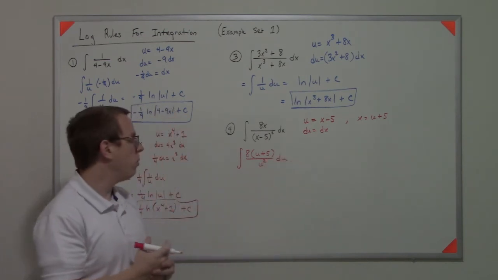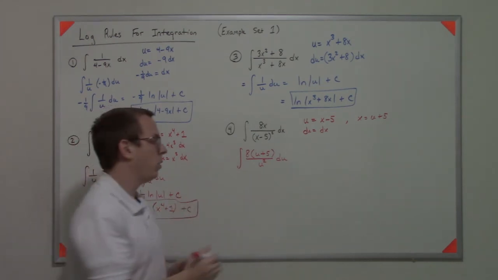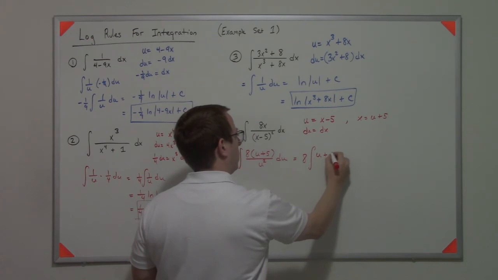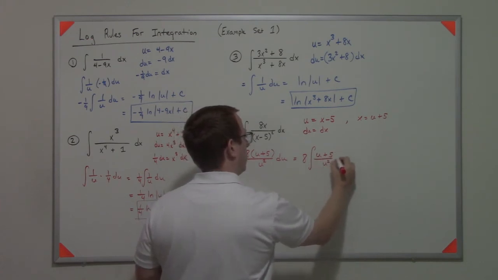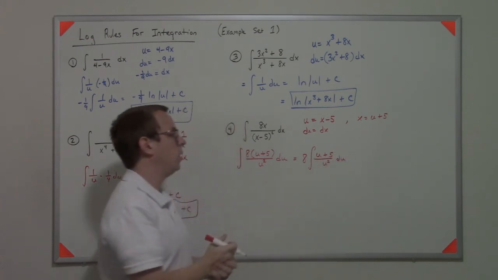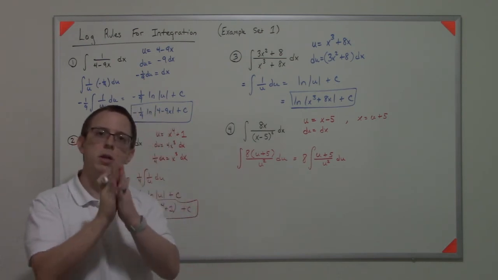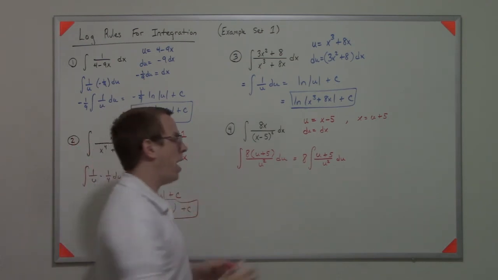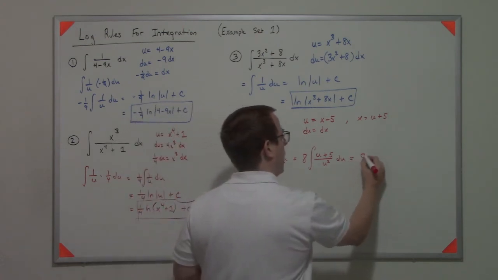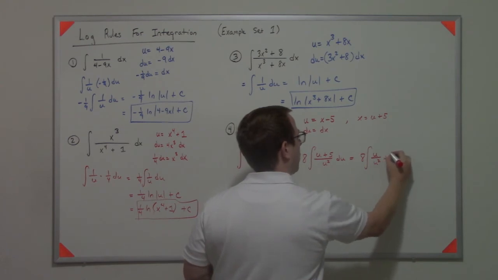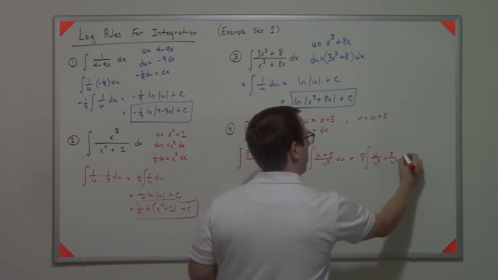So from here, let's go ahead and pull that 8 out front. Alright, u plus 5 over u squared, that's not that helpful, so let's split that up into two separate fractions. We're going to get 8 u over u squared plus 5 over u squared du.